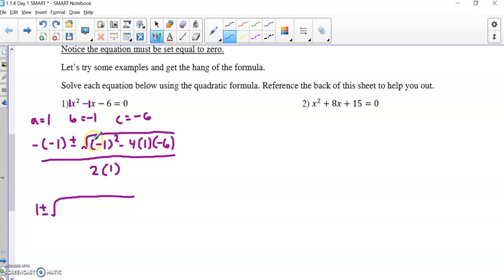So negative squared, and this is a problem on the quiz that a lot of people ran into. Make sure if you type this in your calculator, you type it in parentheses so that it comes out positive. So (-1) squared is 1. And then -4 times -6 is going to get you a positive 24, so it's going to be plus 24. And then 2 times 1 is just 2.